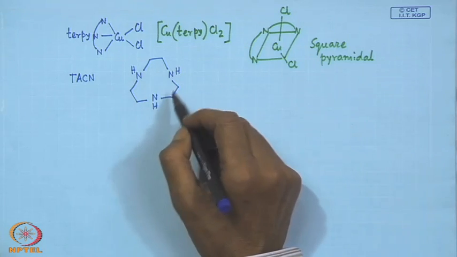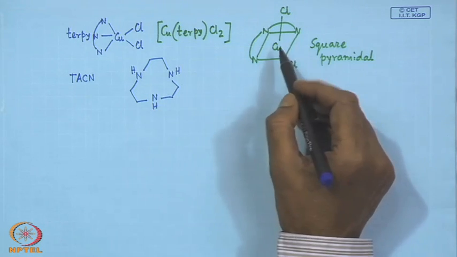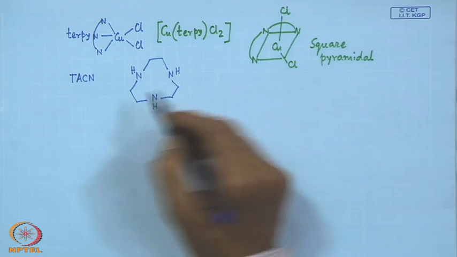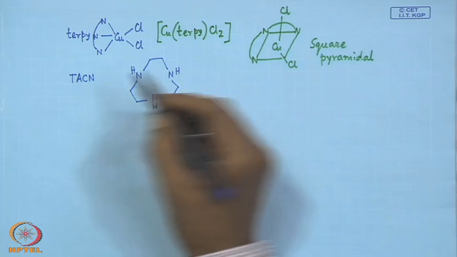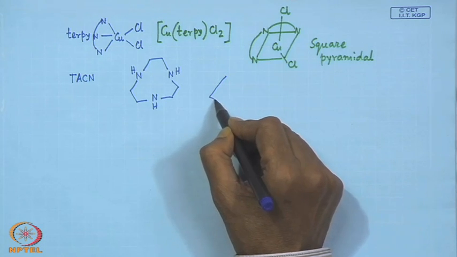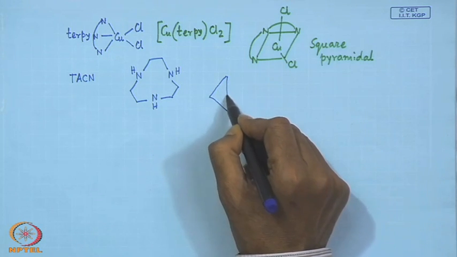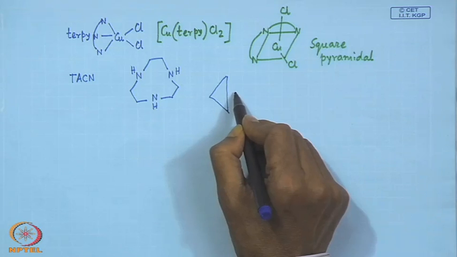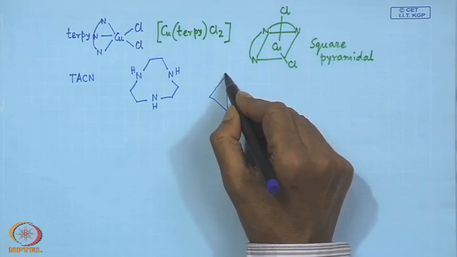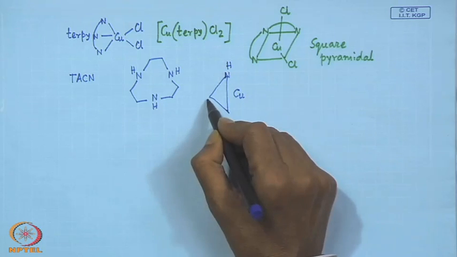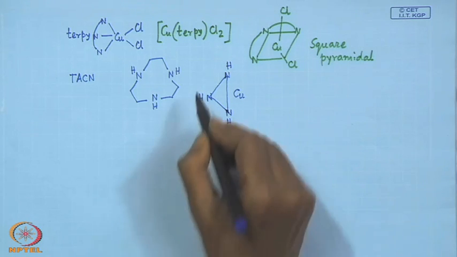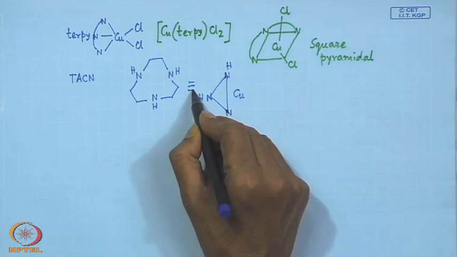This particular type of ligand cannot bind in this square pyramidal geometry. Instead, it binds to one particular face. If we have a triangular face on one side of the copper, and this is copper, then this is one NH, this is the second NH and this is the third NH of the TACN.